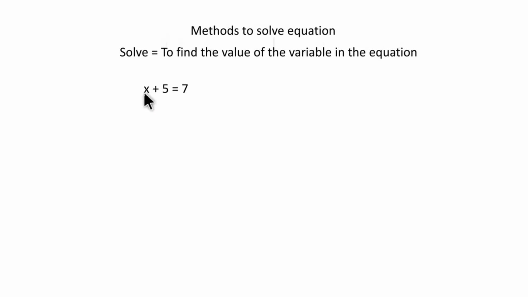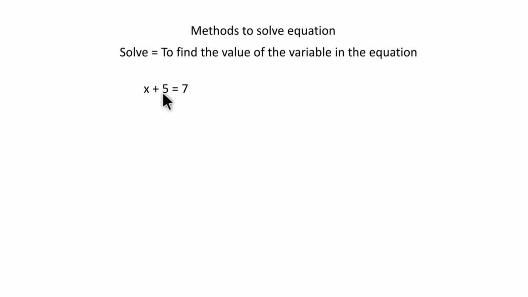So x is the required variable for which we need to find its value. Here plus 5 is attached with the expression x plus 5, so we will remove that plus 5 from the left hand side.